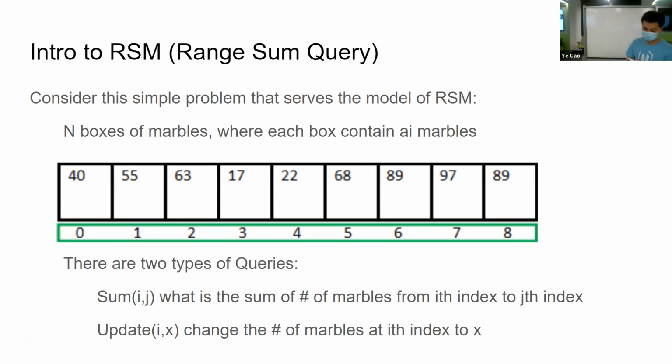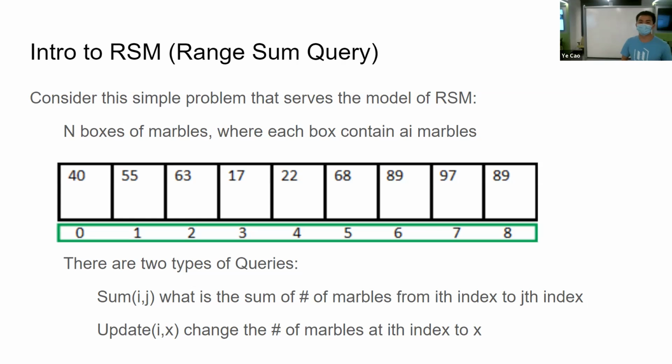Okay, so this is what we're going to teach today, the range sum query. Let me see my notes. So what is the range sum query? We're going to start with a simple problem, and I'm going to ask any of you to think of a solution. Depending on that, we're going to cover what a range sum query actually is and some of the related data structures we can use to solve this problem.